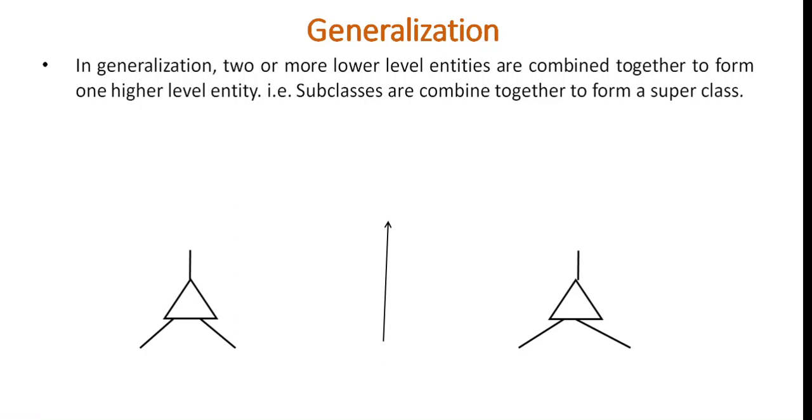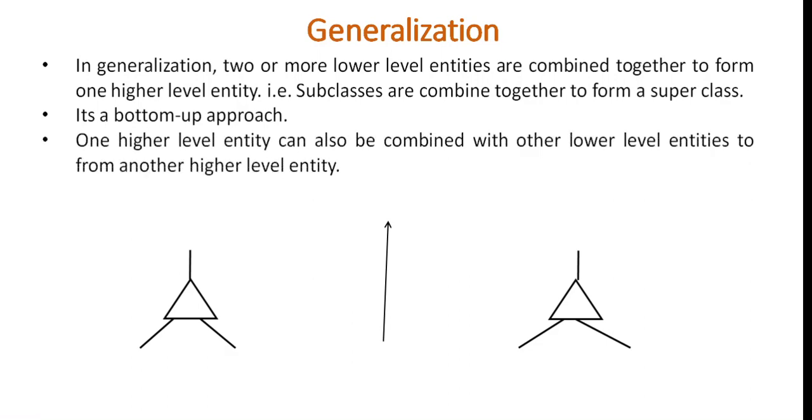Okay, so generalization means what? Generalization means to combine lower level entities to form one higher level entity. Means we combine subclasses together to form a superclass. It is a bottom up approach because we are combining lower level entities and forming one higher level entity.